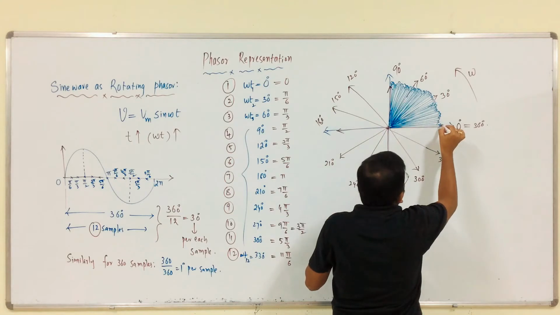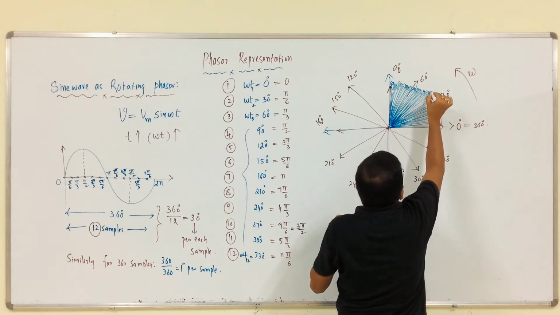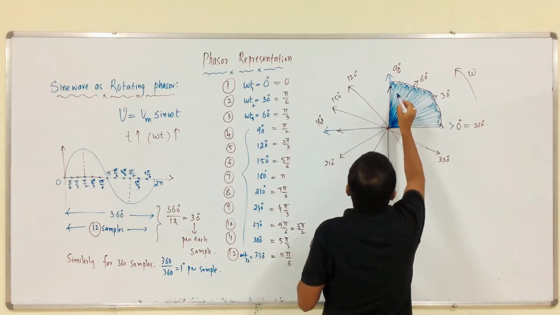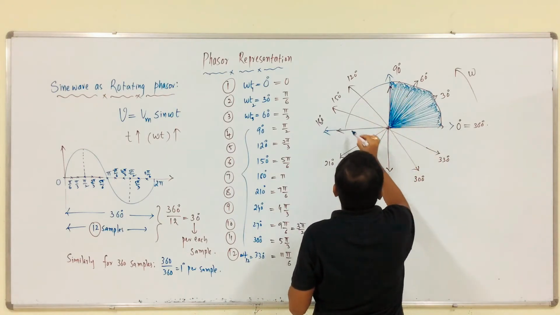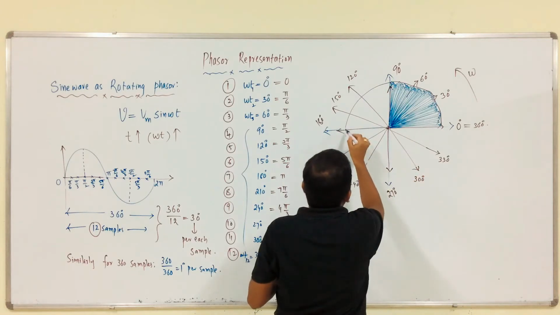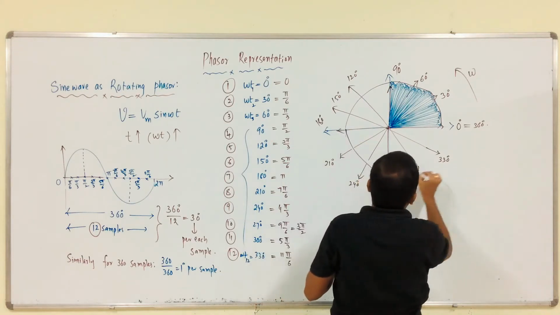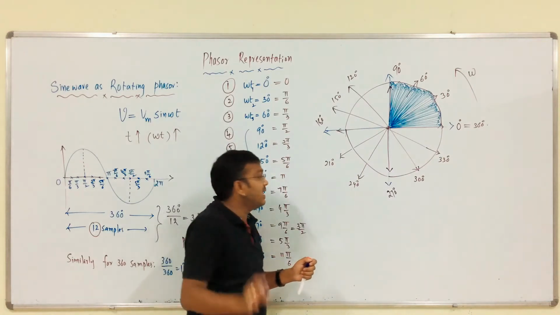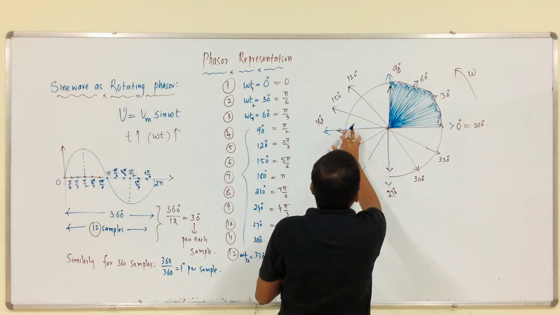So, if we connect the outer peripheries of this, like this we will get, right. If we connect the outer peripheries, we will get a circle.